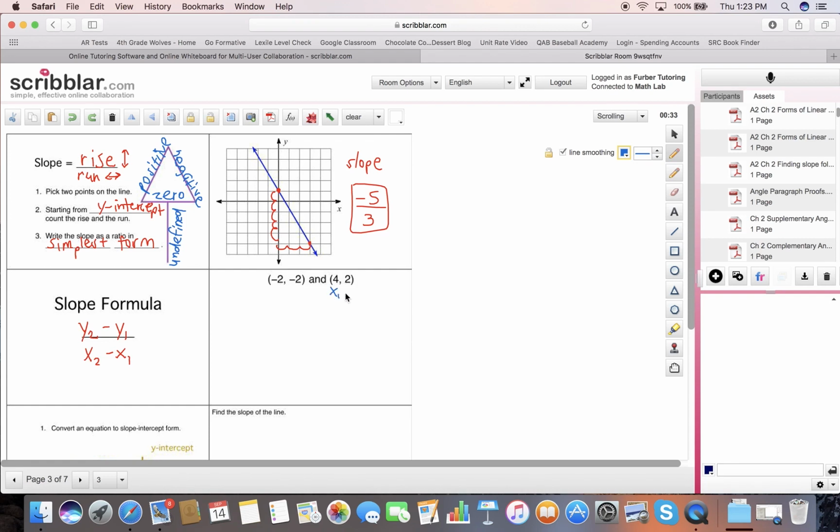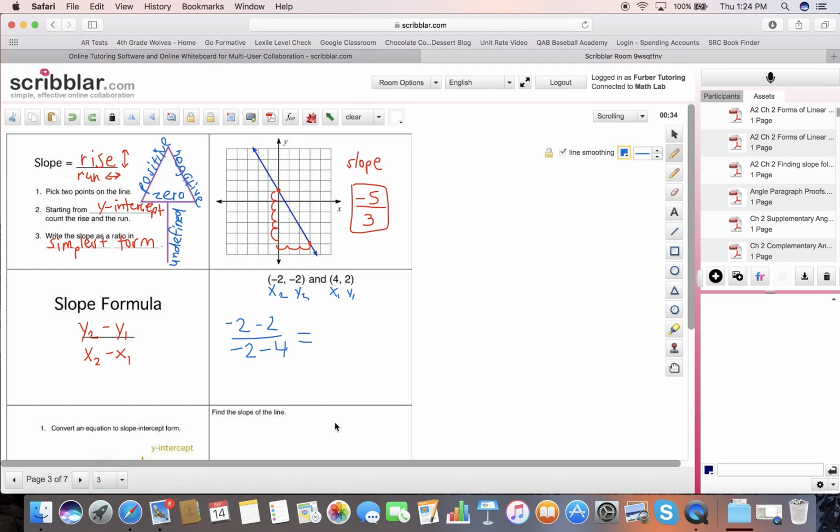So let's make that my x1, y1, and let's make this one my x2, y2. And then I'm just simply going to plug those into the formula. So y2 is negative 2 minus y1 is 2. x2 is negative 2 minus x1, which is 4.